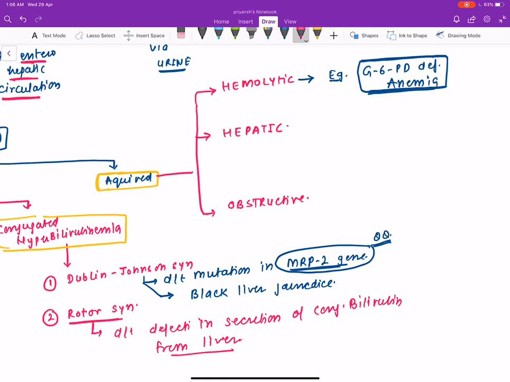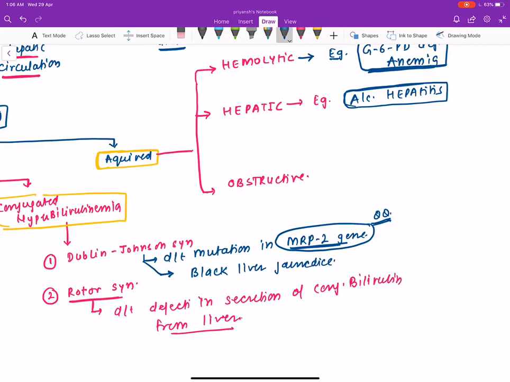Hepatic, I can add a cause, for example, alcoholic hepatitis. In alcoholic hepatitis, the liver is not working properly. There is inflammation in the hepatocytes, and that can produce an obstruction from the liver. So that is alcoholic hepatitis, and that can lead to hyperbilirubinemia. For obstructive jaundice, the example is very straightforward.